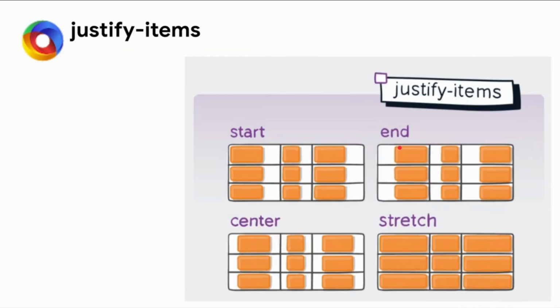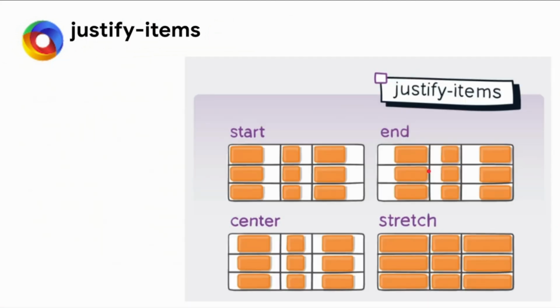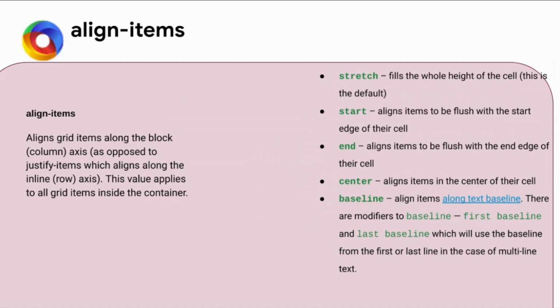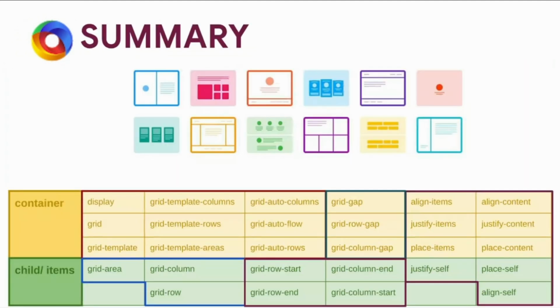Similarly, with justify items, I want everything at the end, but this one item at the beginning. So I can take this child and put justify self at start, and it will automatically place that item at the start. That's how justify items and justify self, and align self, work. Similarly, place self is the combination of align self and justify self. Okay, so that's it, I guess, for today.